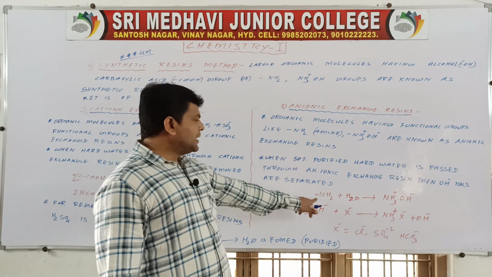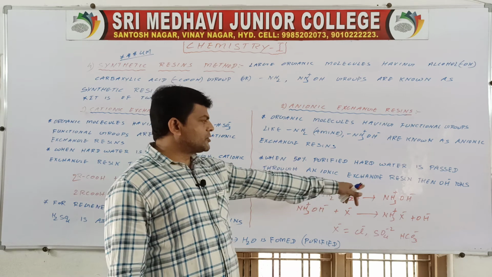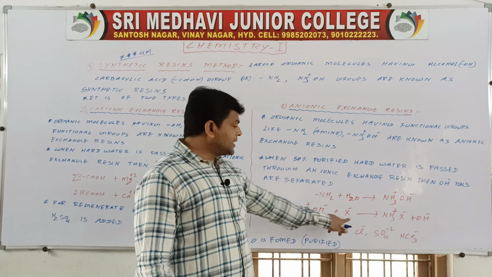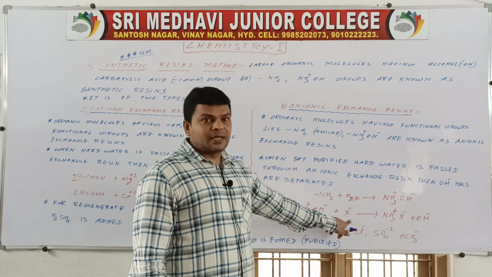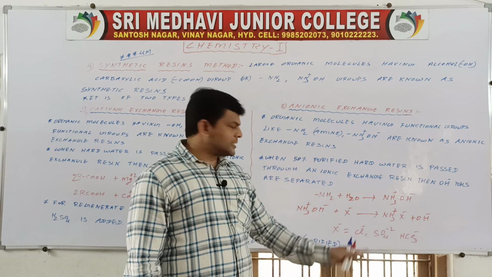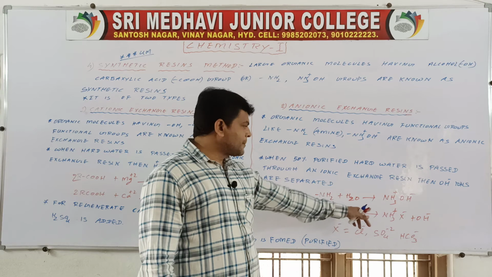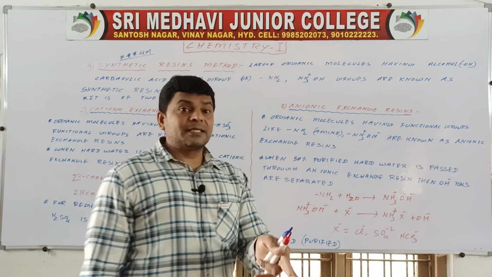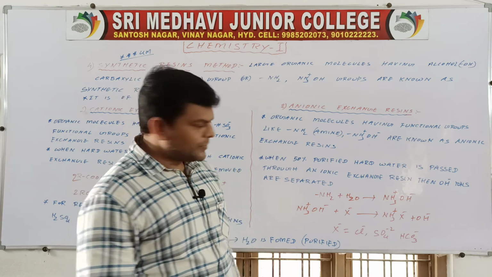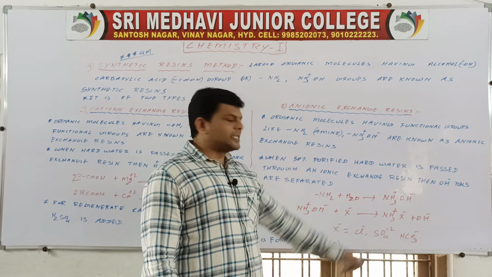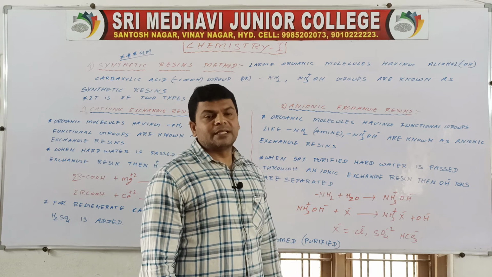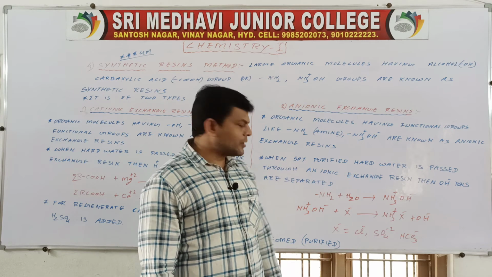Here NH2 plus H2O gives rise to NH3+ OH-. When it is added to hard water, X- means anions, so NH3+ X- replaces OH- ions. X- means Cl-, SO4 2-, HSO3-, HCO3-, like that.